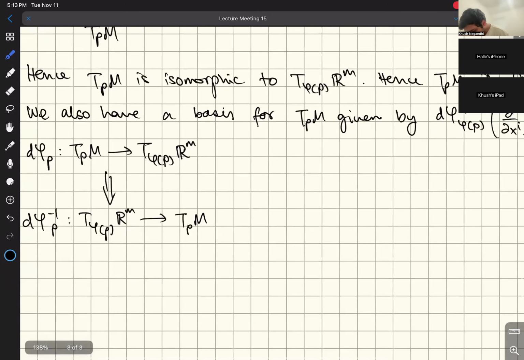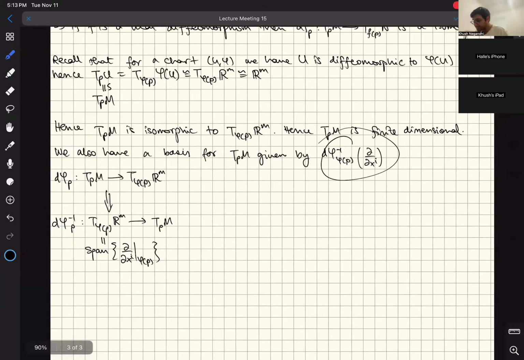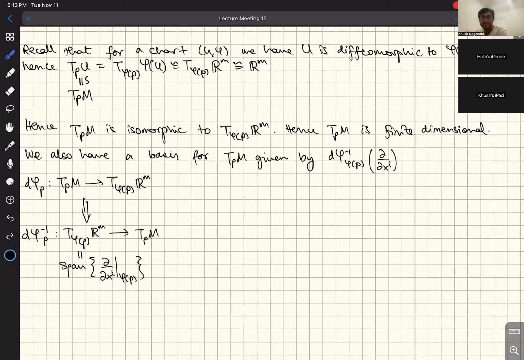And we know that this is nothing but the span of this basis. And so all we're doing is we're pushing this basis forward to get a basis for T_pM. Does that make sense?